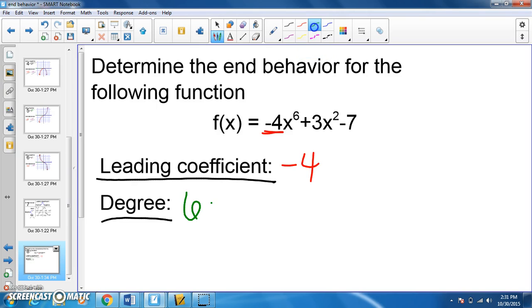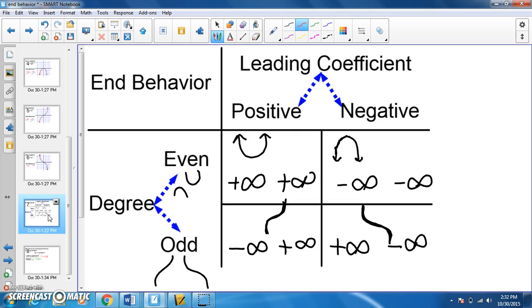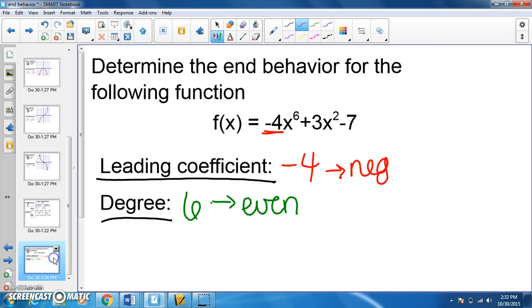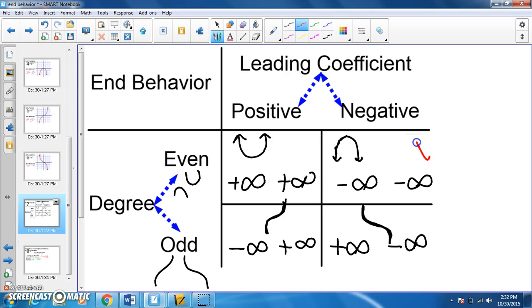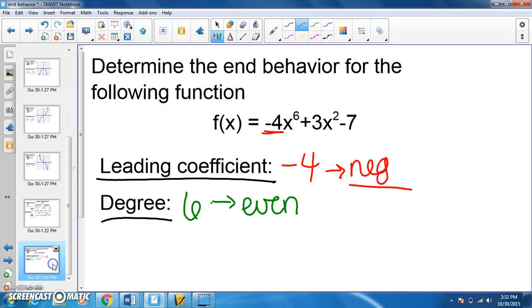So I have an even degree with a negative leading coefficient. Even degree tells me I'm landing either both positive or both negative. Since I have a negative coefficient, I am landing both negative.